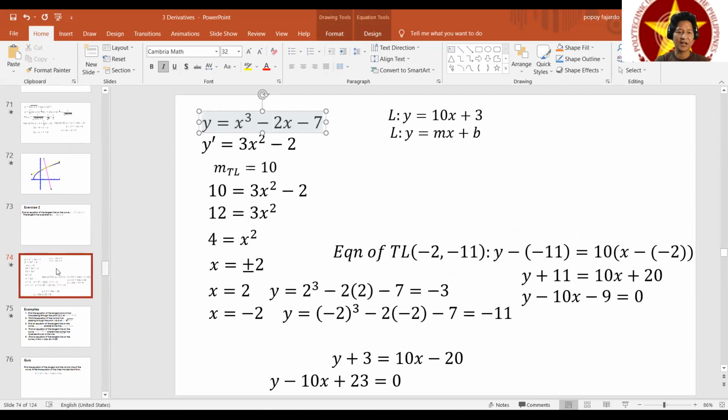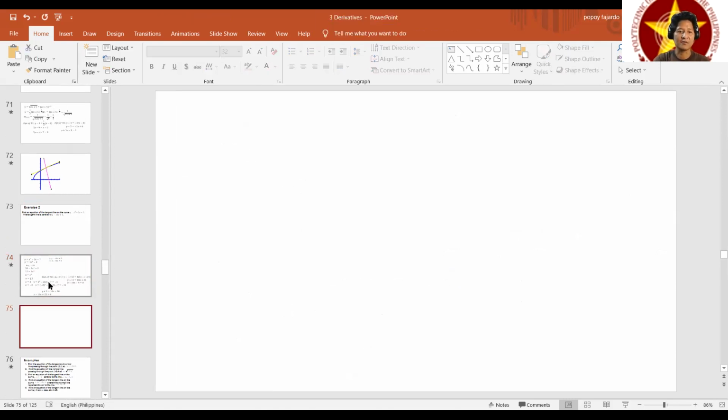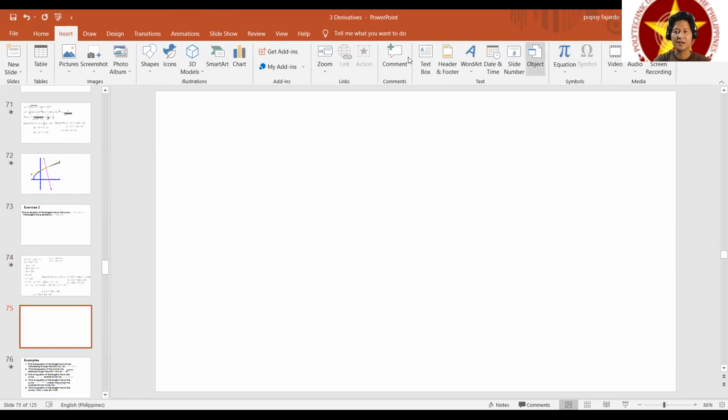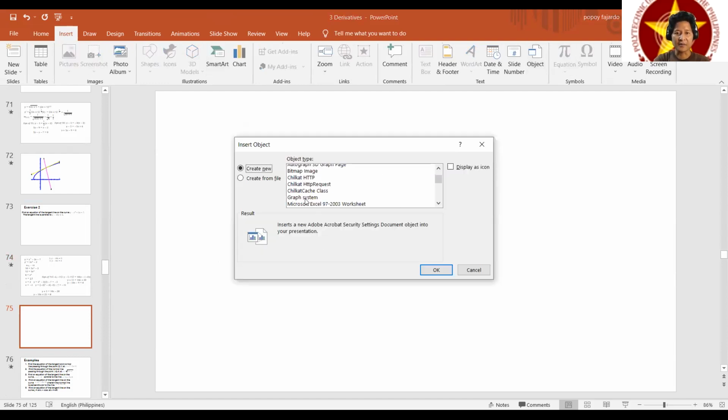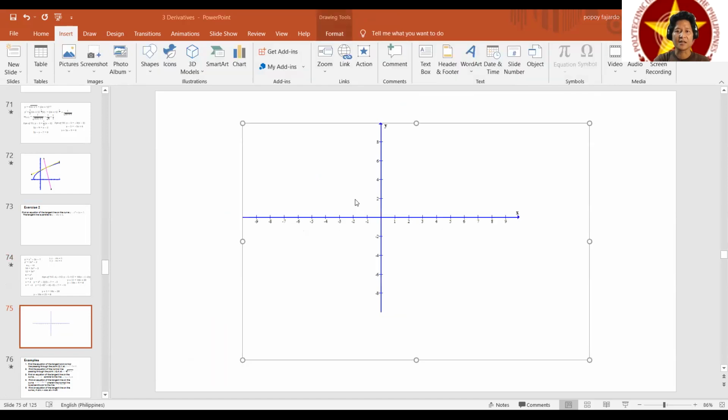Okay, let me show you the graph of this. So let's insert a graph para mabilis tayo. So ang kailangan natin is y equals x cubed minus 2x minus 7. Okay, so ito siya. Ito yung graph niya.